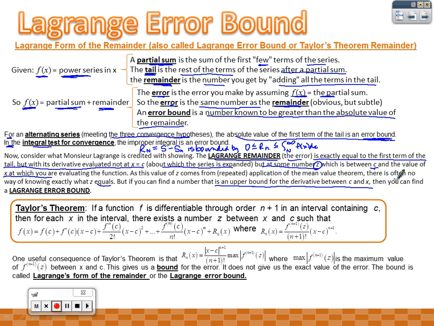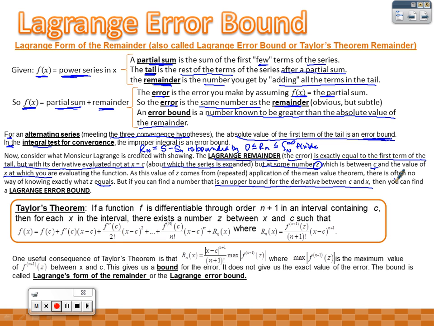I'll have to say that again, I'm sure. You should write that down, if that's making no sense to you. So z is a number between c, the center of the series, and the value of x that we're estimating. It is the location where the next derivative has a maximum. We're going to talk more about z when we get to this formula. I'm just introducing it to you.